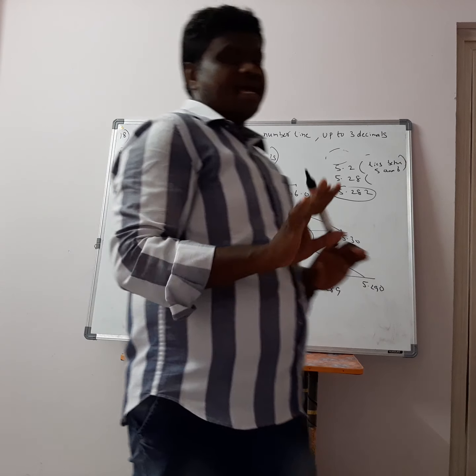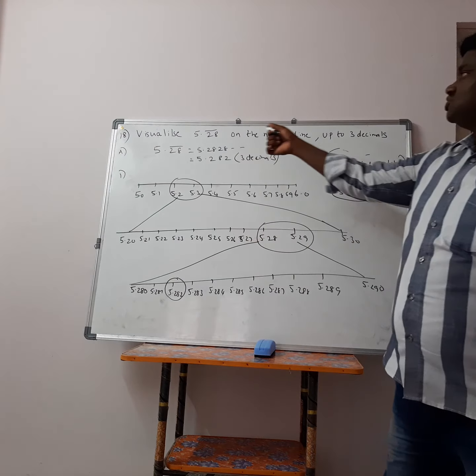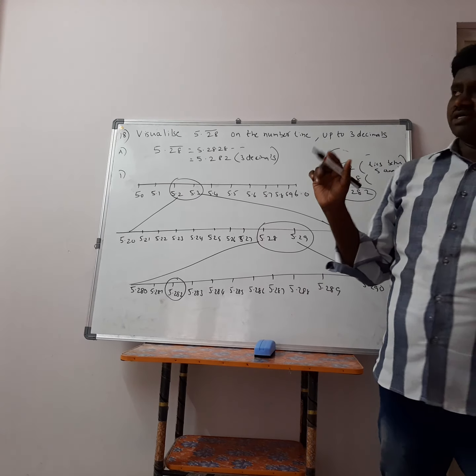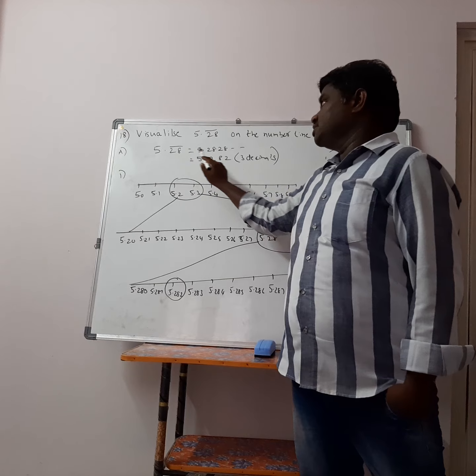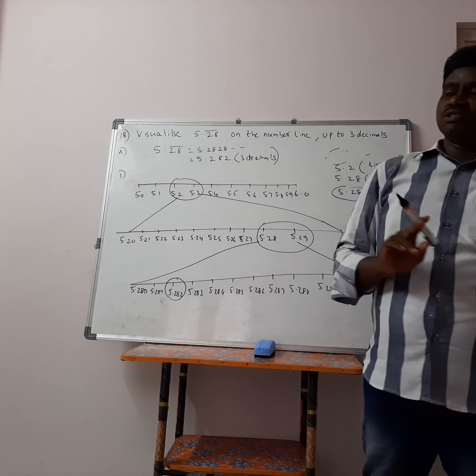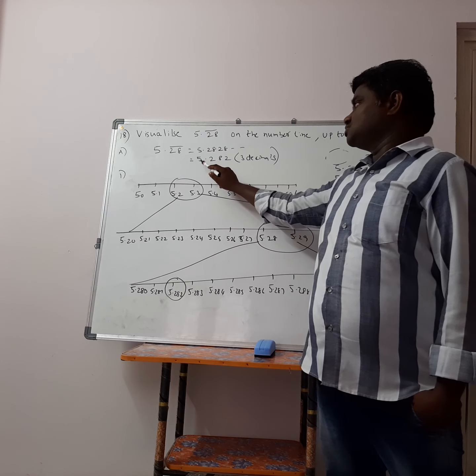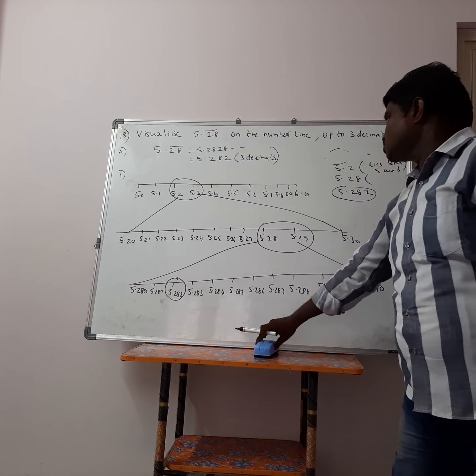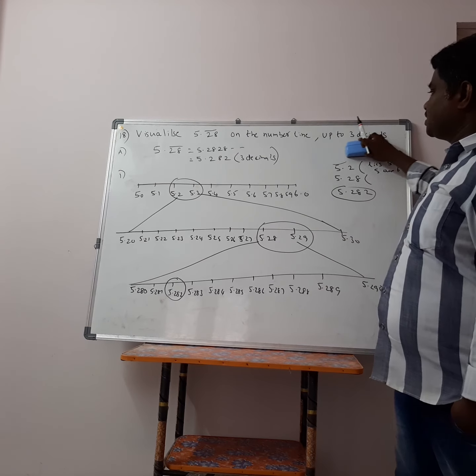Children, again I am explaining. Visualize 5.28 bar on the number line using successive magnification. That means 5.28 bar means 5.2828 and so on. Up to 3 decimal places is what was asked, that's why 5.282. First you have to know the whole part, 5.